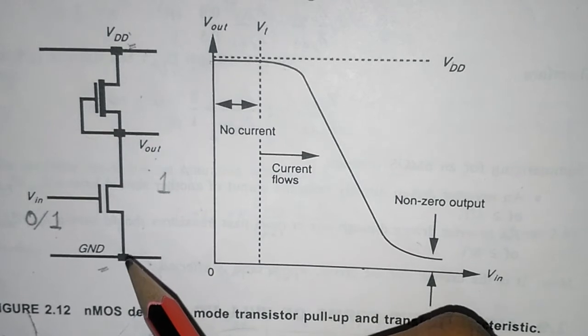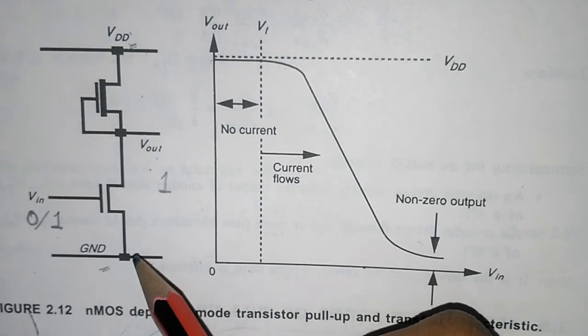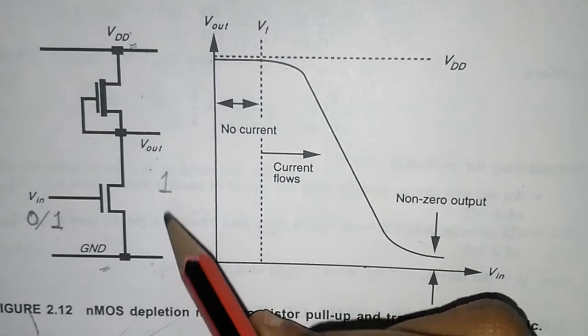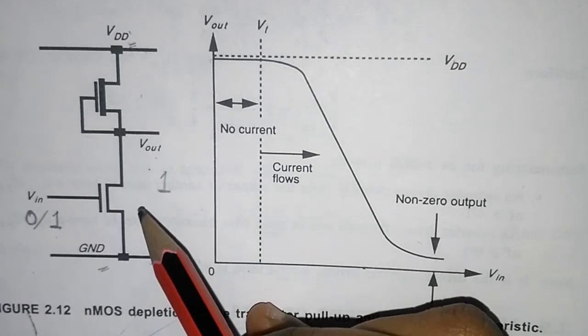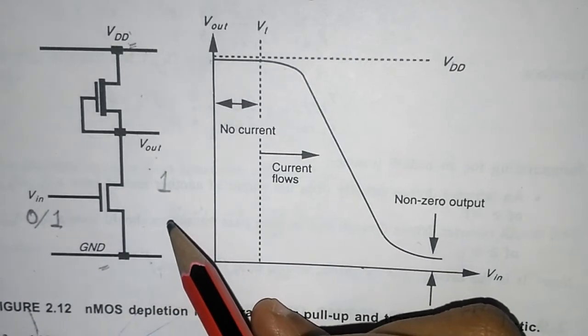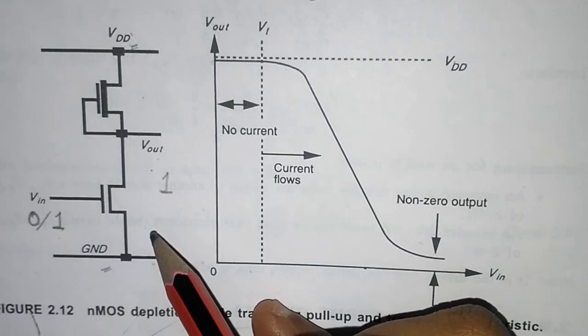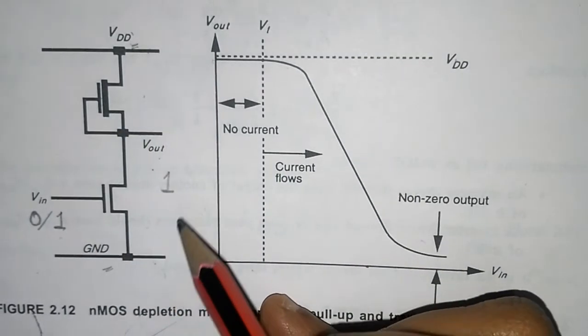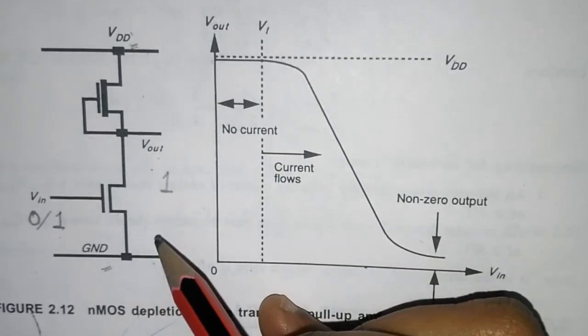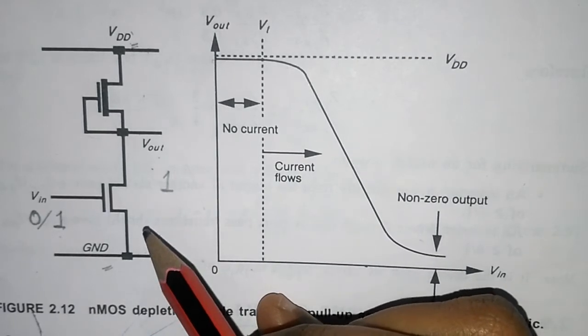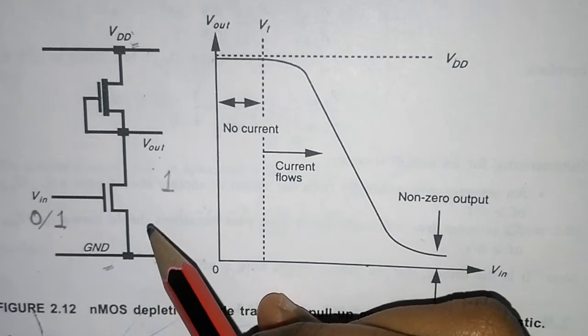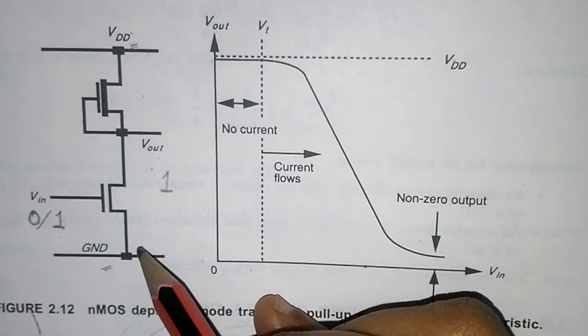This is called the static power consumption, which makes NMOS a wrong choice for very large scale integration. Of course, it has other disadvantages because it has to occupy a larger space on the IC chip. So large scale integration is slightly a difficult thing with an NMOS inverter.